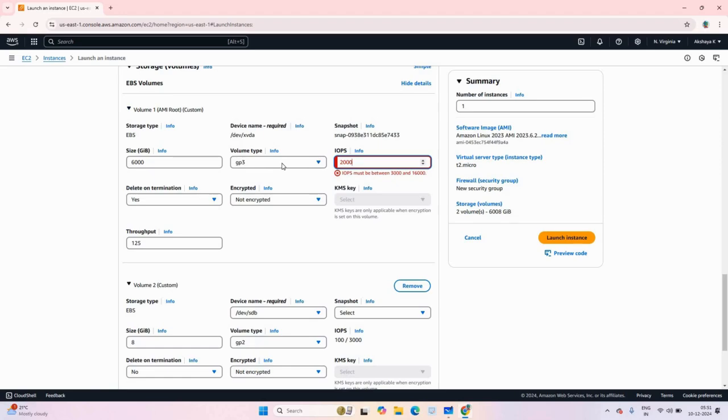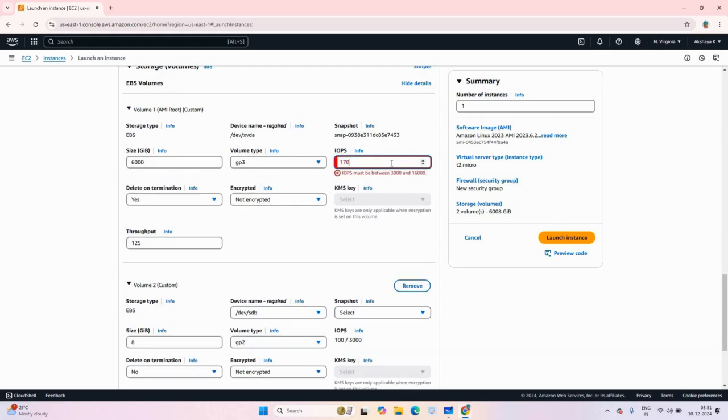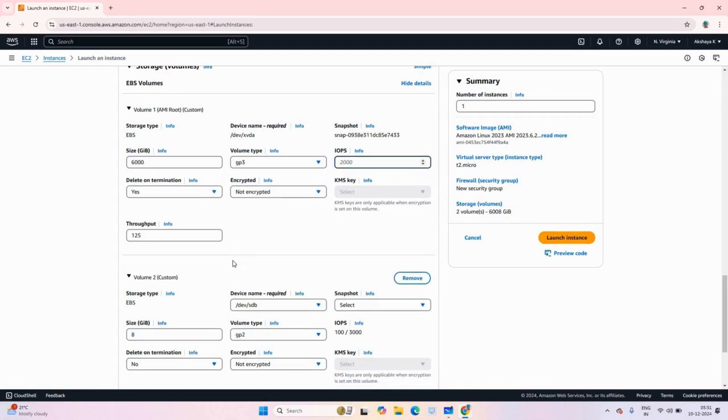For GP2 the minimum IOPS is 100, but for GP3 the IOPS must be between 3,000 and 16,000.